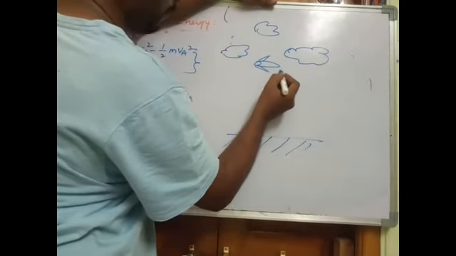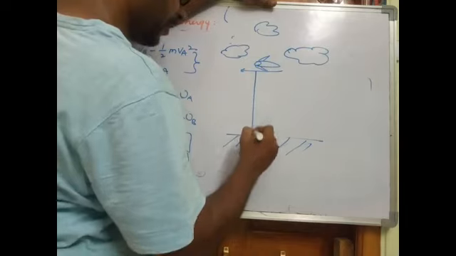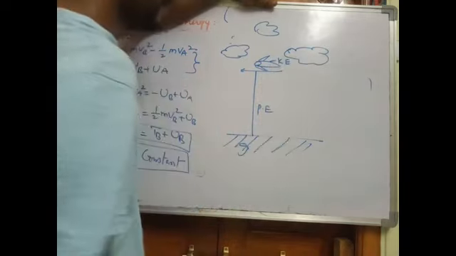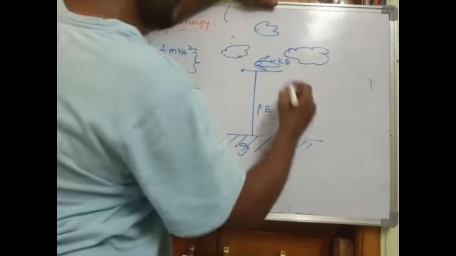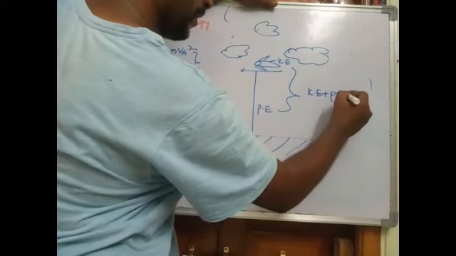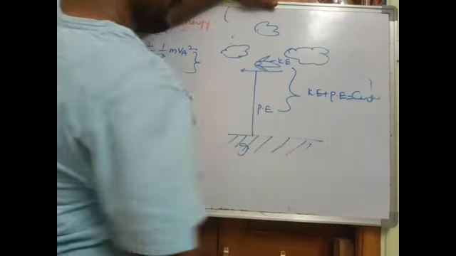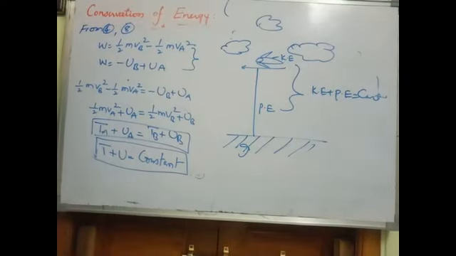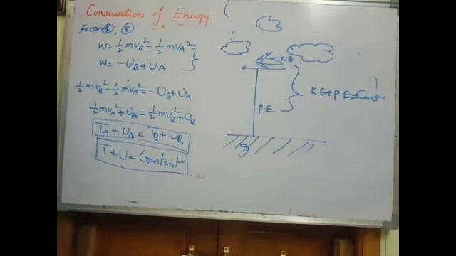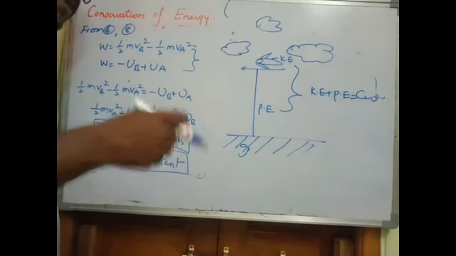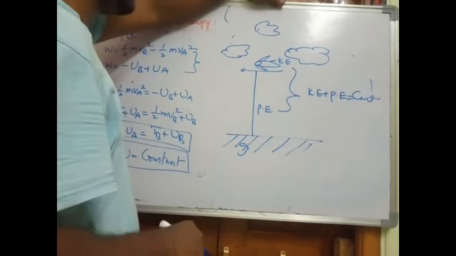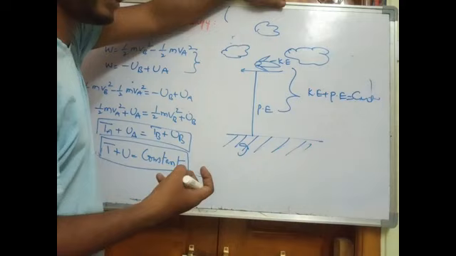If it is moving in the sky, it has potential energy as well as kinetic energy, but the total energy remains constant. Kinetic energy plus potential energy is constant. Now if this aeroplane has landed and is still on the runway, at that time there is no potential energy. It has only kinetic energy.